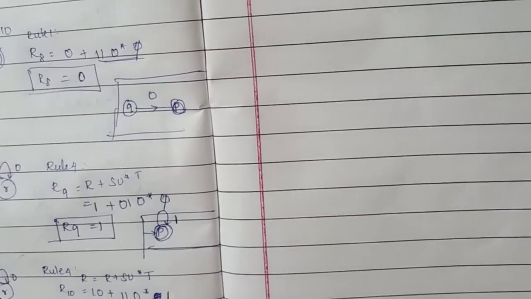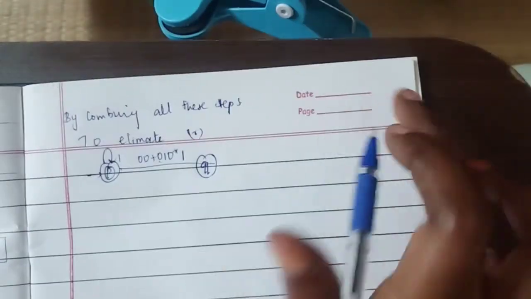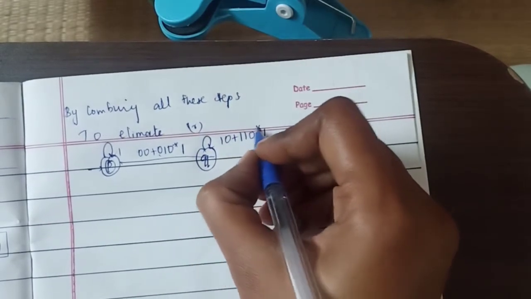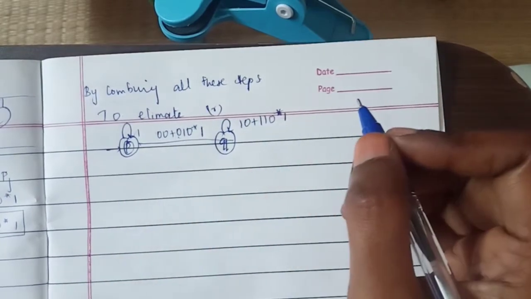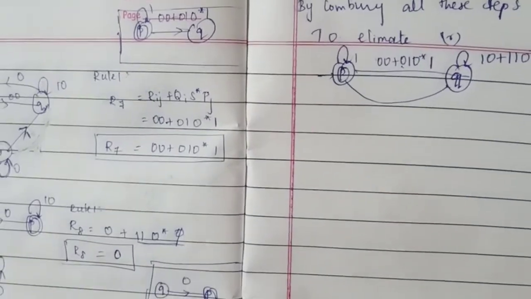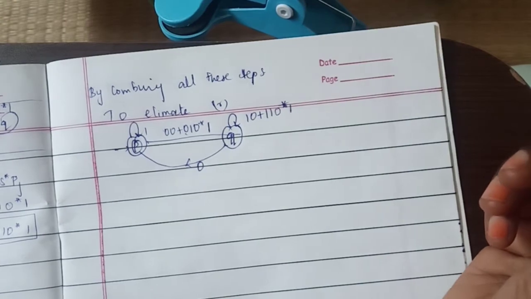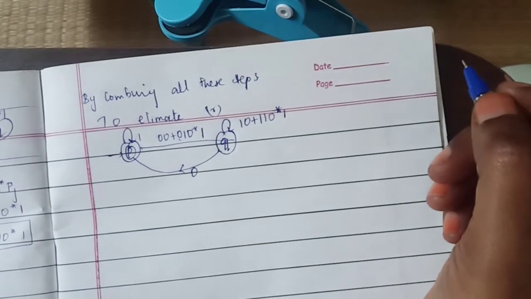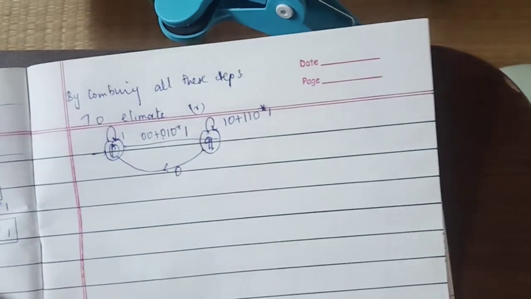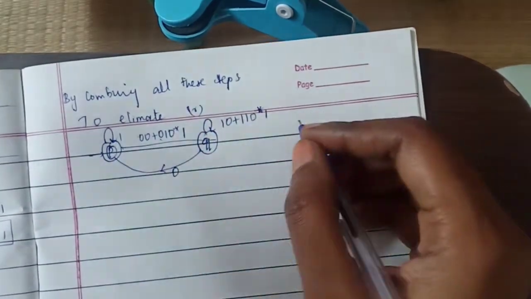This thing we have to use. So just for the self loop we have 1 0 plus 1 1 0 closure 1, right? And to this Q to P. So Q to P, when you look at this Q to P, see here, this is my Q to P, which is known as 0. So 0. Okay, so this is my final one.